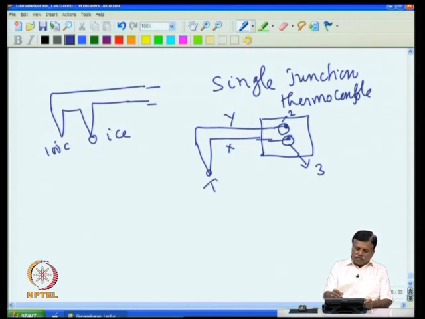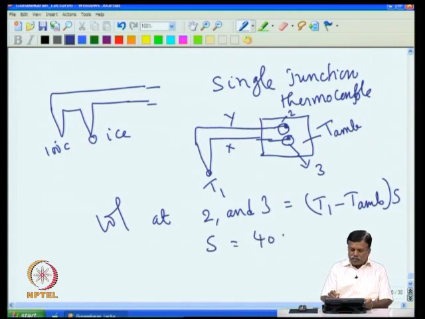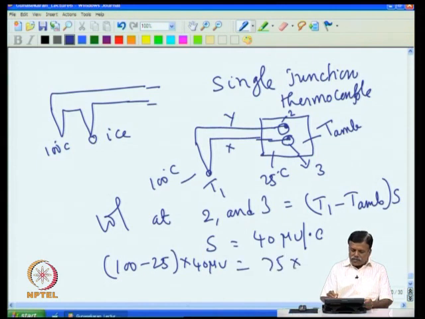Then the temperature produced is T1, and if this is ambient, T ambient, then the voltage available between 2 and 3 is (T1 minus T ambient) times the sensitivity, where in this case S we have taken as 40 microvolt per degree C. So for example, assume the ambient is 25 degree C and this is 100 degree C. Then you get 100 minus 25, a 75 degree difference, times 40 microvolt.